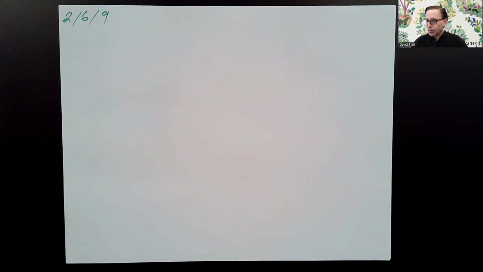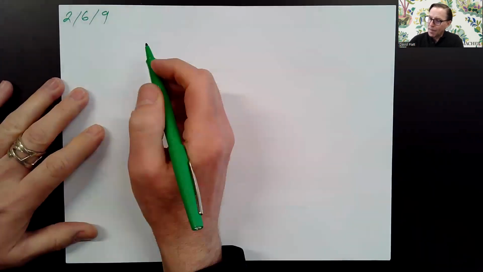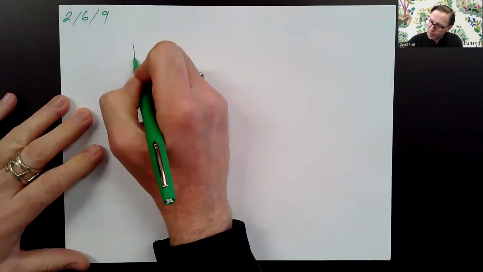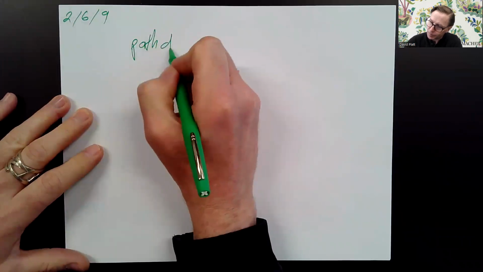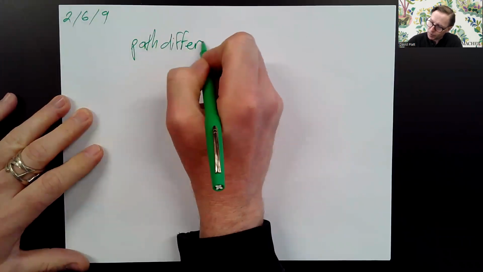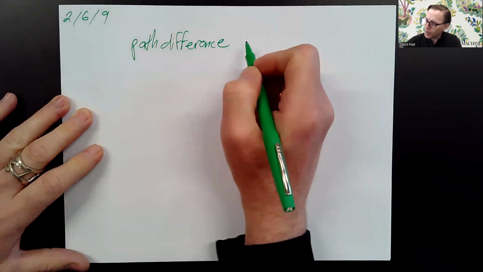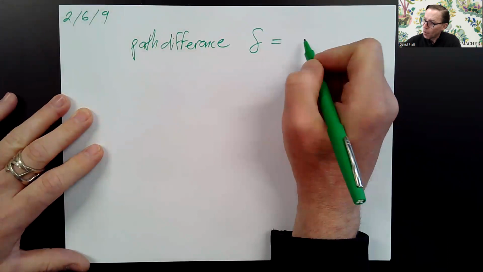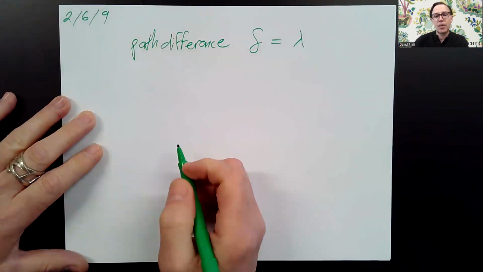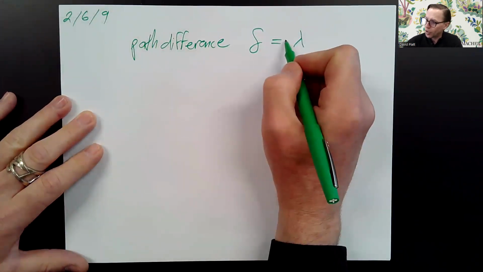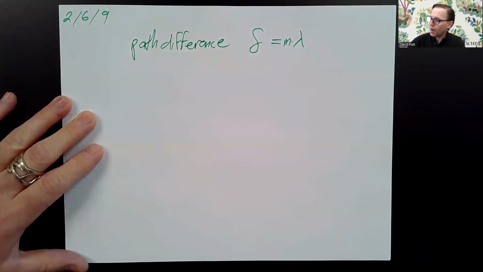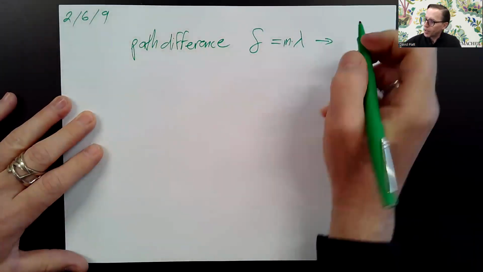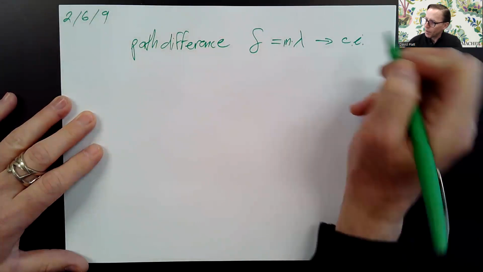So when we have interference, and I know this is review, if the path difference, which we call delta, equals one wavelength, or two wavelengths, or three wavelengths, or four wavelengths, or any integer number of wavelengths, where m is an integer, that gives me constructive interference.